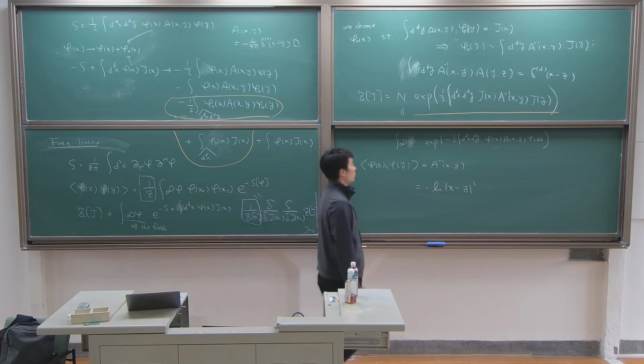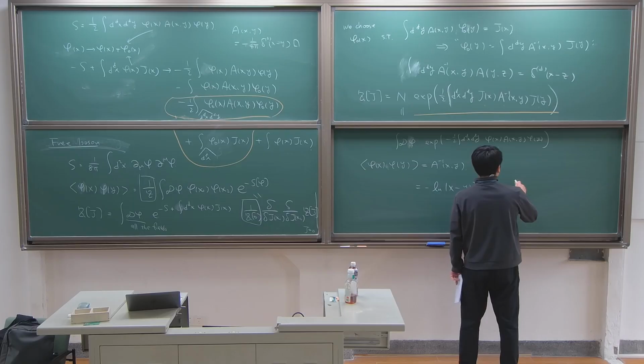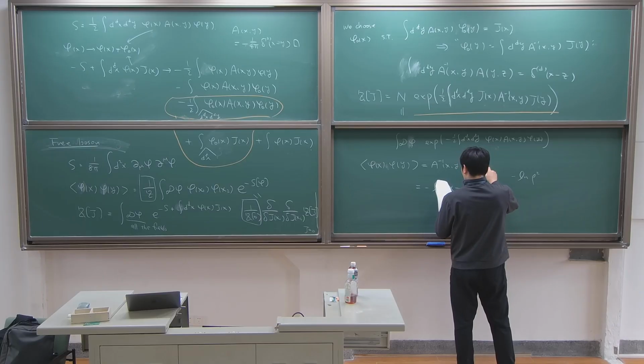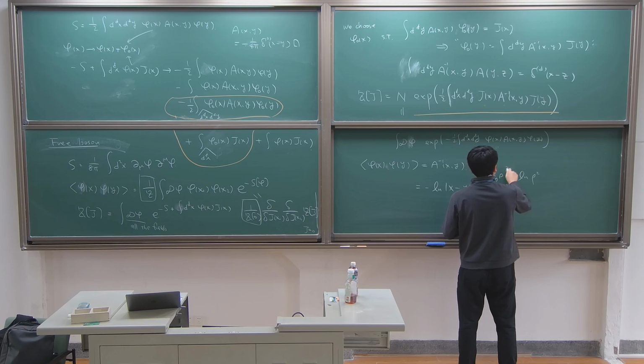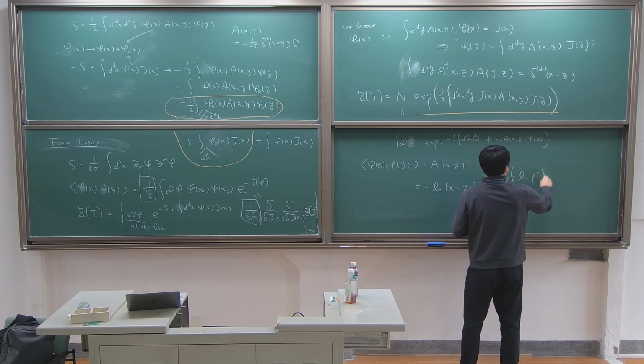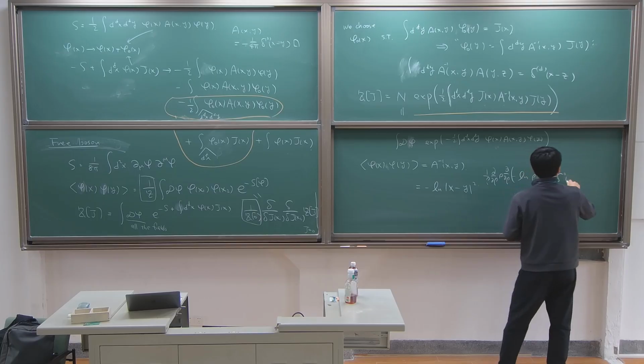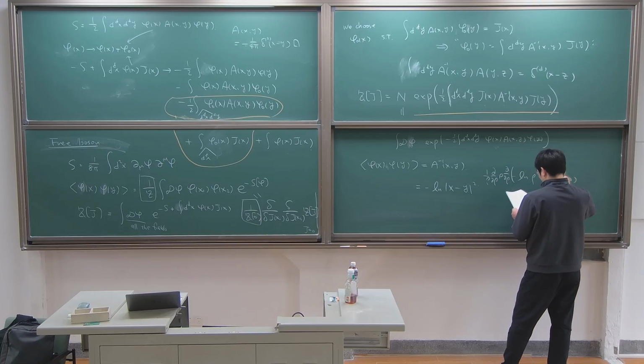Essentially what you need to do is just apply this Laplacian. So minus ln rho squared, and then 1/rho. The Laplacian is 1/rho times derivative in rho of rho times derivative in rho. And this will give you the delta function, like this one.